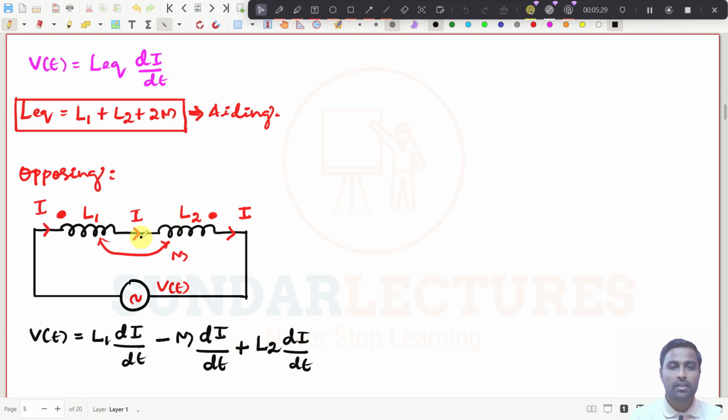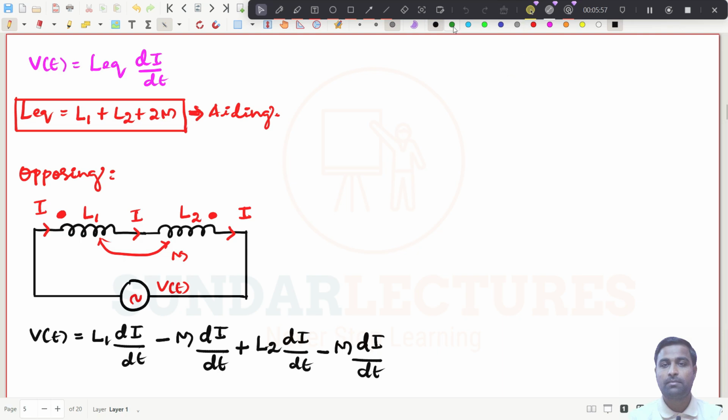In this coil, through the dot the current is leaving, but in the other coil, through the dot the current is entering. So it is opposite. So I need to put minus M into this coil's current, di by dt. Here both are the same. That's all I have written, right? So for both coils, I have written the self-induced EMF and mutual induced EMF.